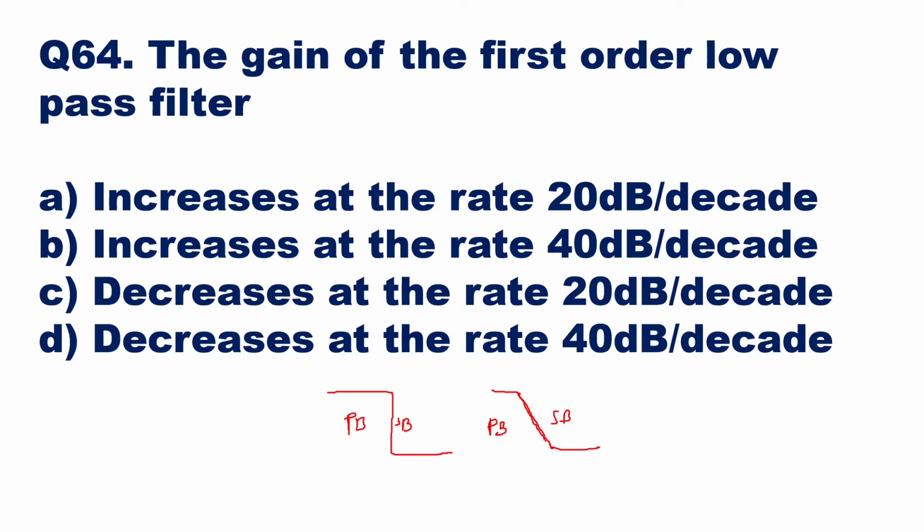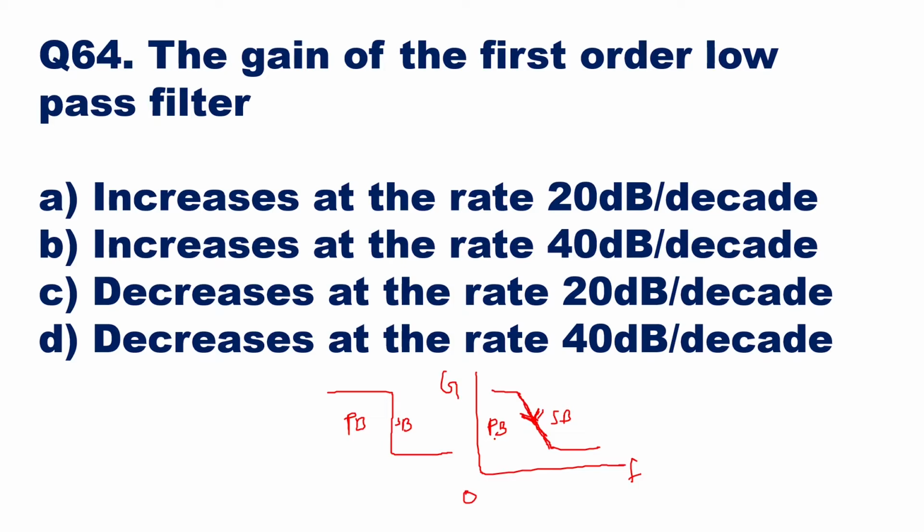Now this slope is how many decibels per decade of frequency. So this is your frequency versus gain again. Here you will have gain and here you will have frequency. So this is the fall off rate, which will decide whether the filter is a first order filter, second order filter, or third order filter.